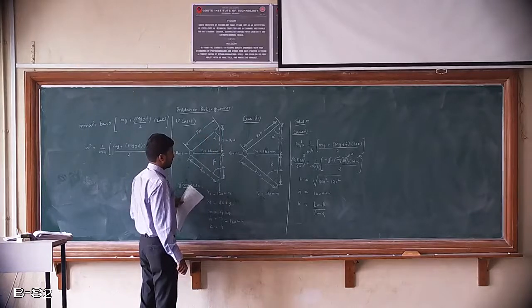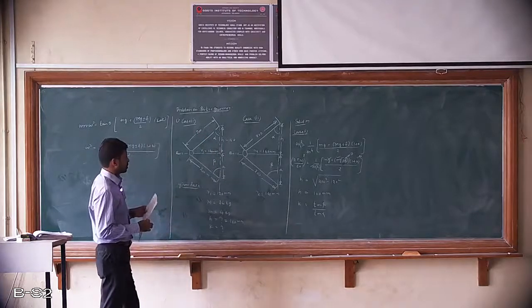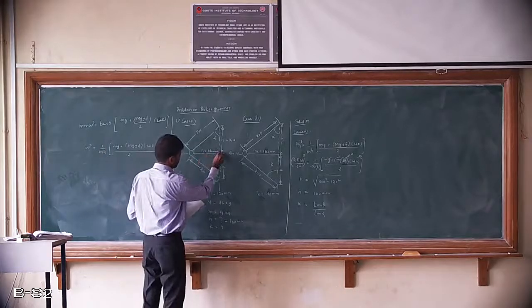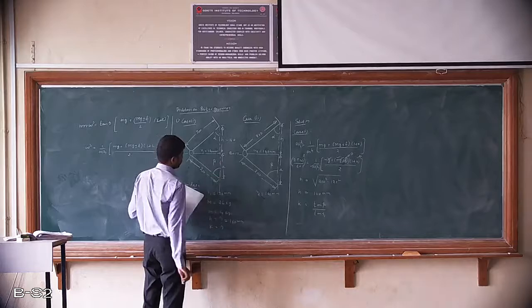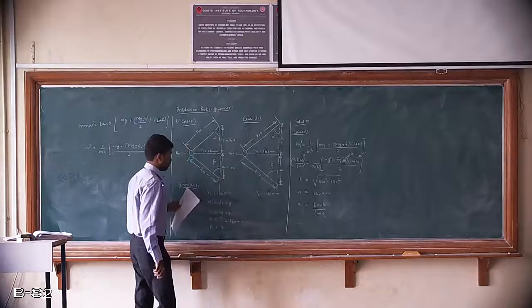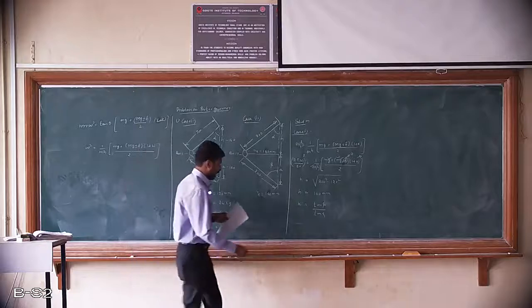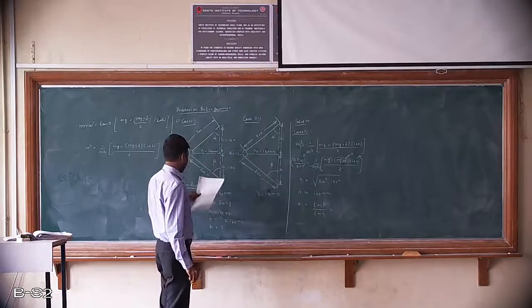So what is the equation for tan? Opposite divided by adjacent. So this is my opposite and this is my adjacent. First we need to find out the value of a, and if you find out the value of a, you will get 160 only. So tan beta is nothing but opposite divided by adjacent.